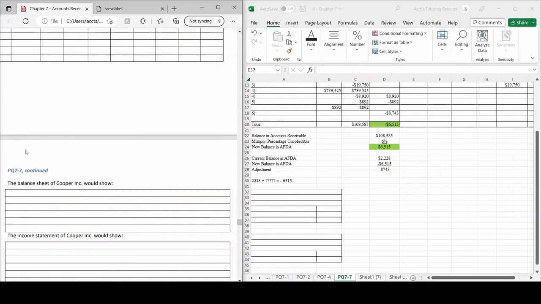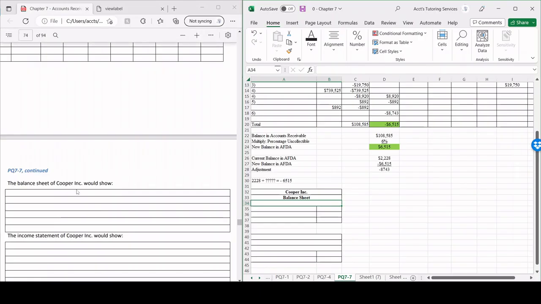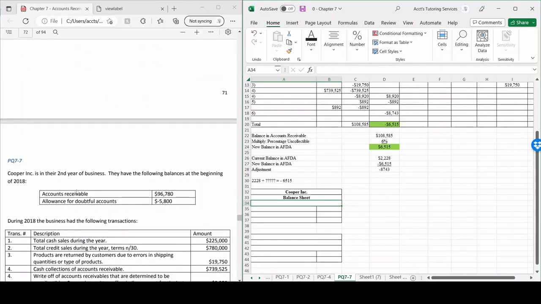Next, we're going to do the balance sheet of Cooper. So once again, 3-part title, Cooper Inc. balance sheet. And this is going to be for the second year of business, so 2018. So this is going to be at December 31st, 2018.